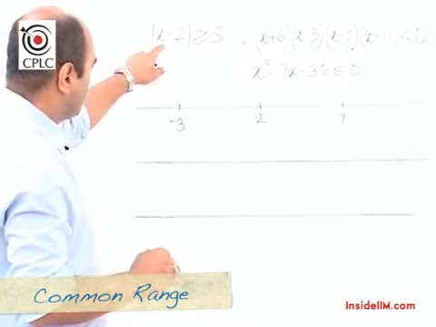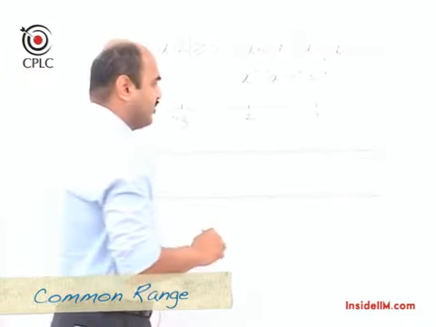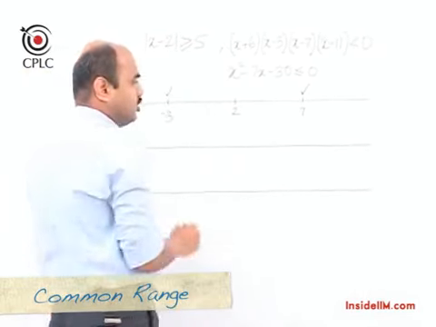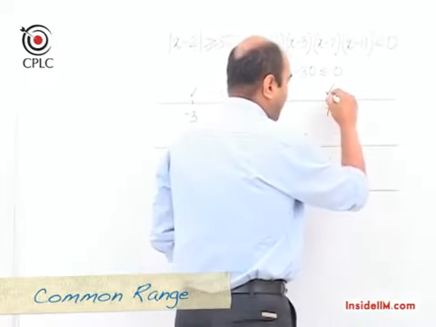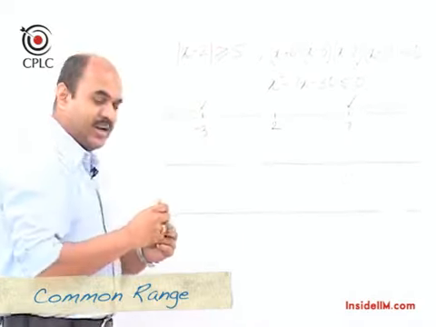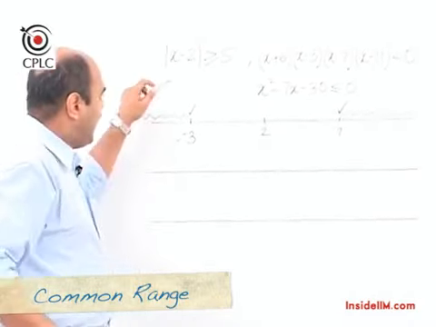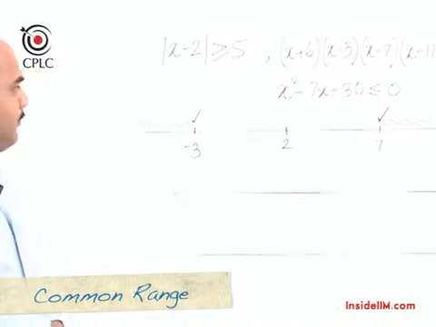Since the distance of x from point 2 has to be more than or equal to 5, it can be equal to 7, it can be equal to minus 3, and it can also be anything more than this or less than this. So the range for x for this inequation would be x greater than or equal to 7, x less than or equal to minus 3.